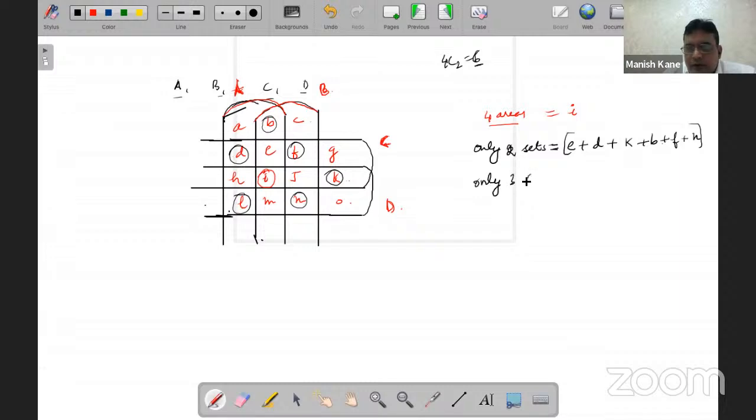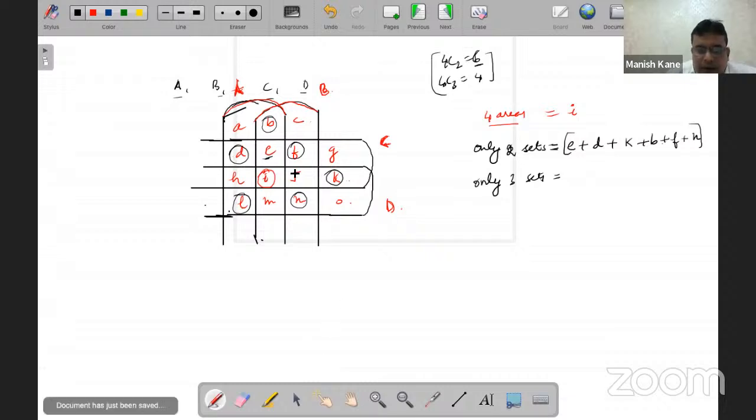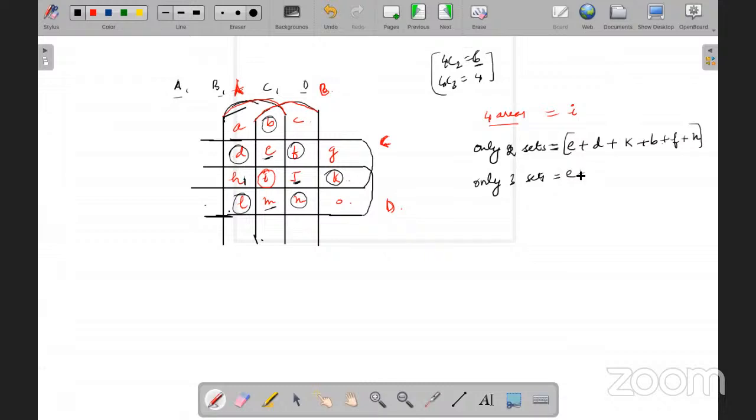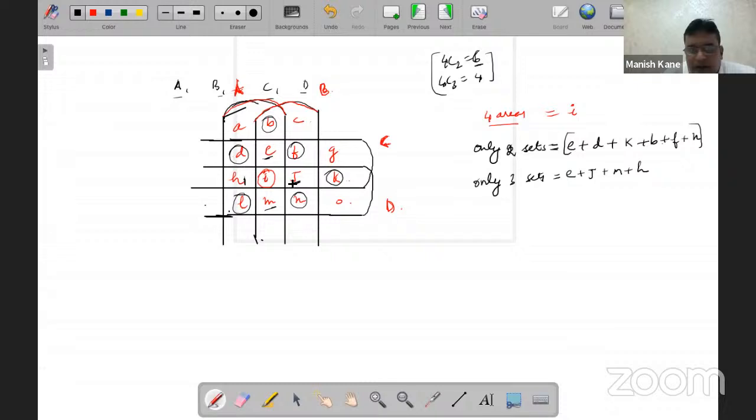Areas that are common to only three sets. Can you identify now? Area that is common to only three sets. Again, 4C3, if you know permutation, you will immediately deduce that there must be four such areas, and these are E, J, M, and H. E plus J plus M plus H. See, E is common to A, B, and C. Correct?